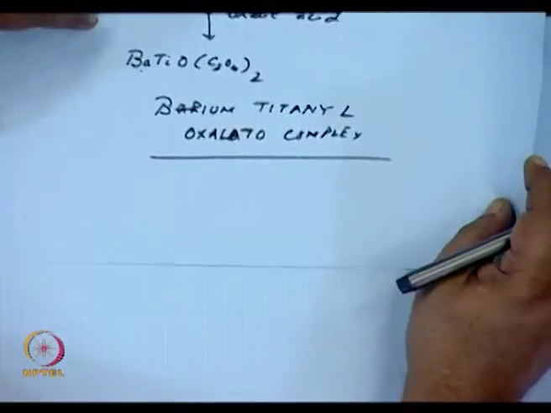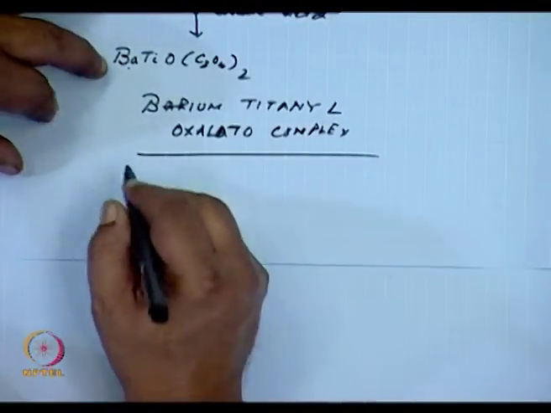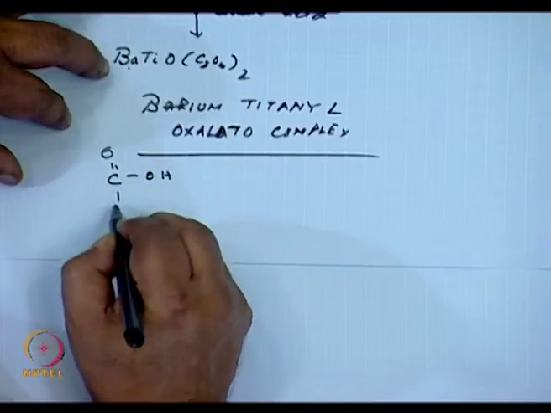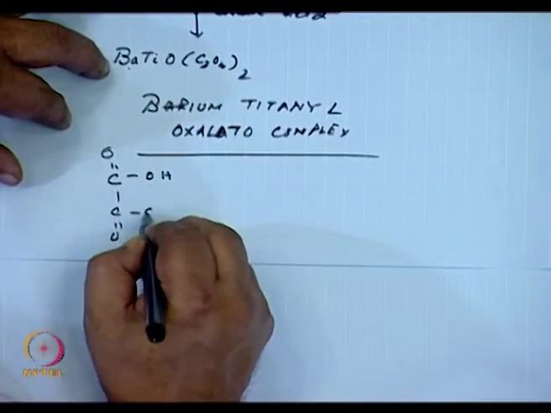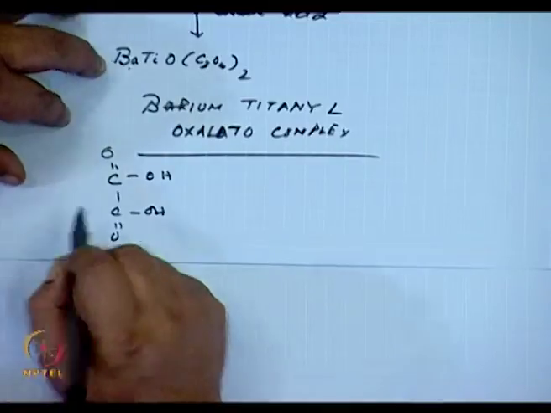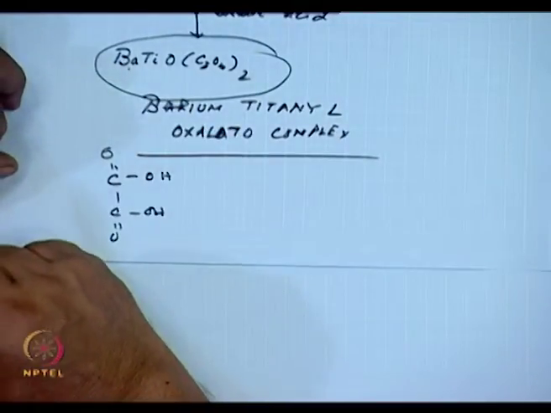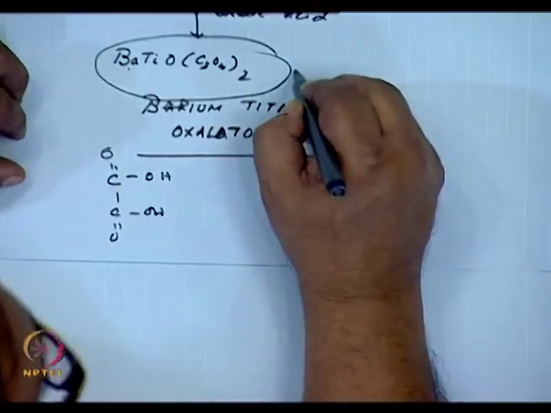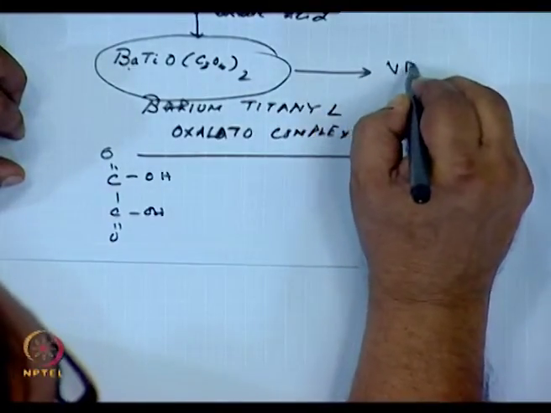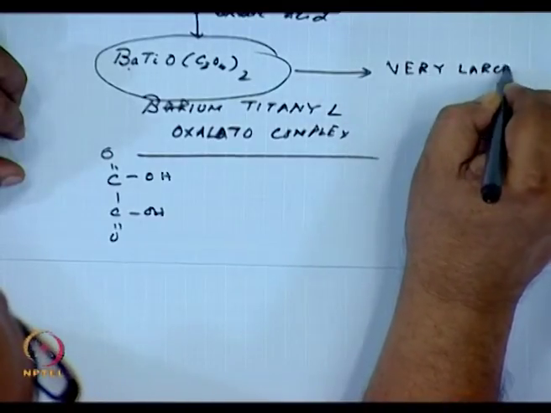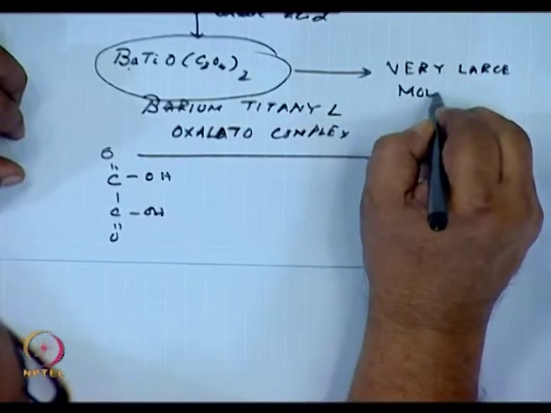For those of you who are a bit not sure, oxalic acid is C double bond OOH, C double bond OOH. The very fact that this complex has formed means it has got a very large molecular size.